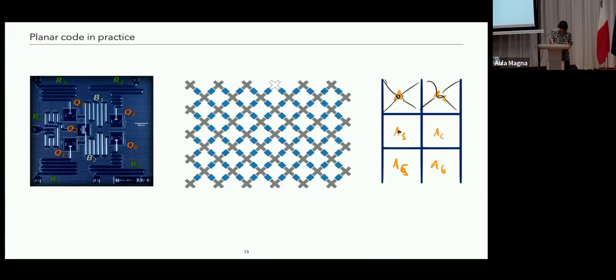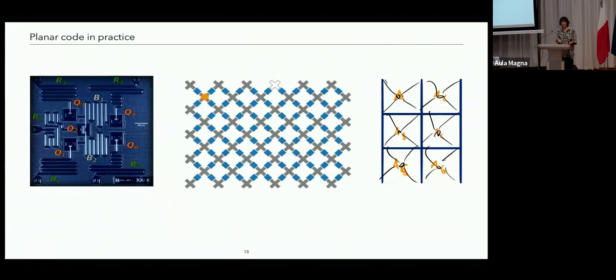This is how you measure the stabilizers. And what is nice about the planar code is that with connectivity as easy as this one, you can do it.